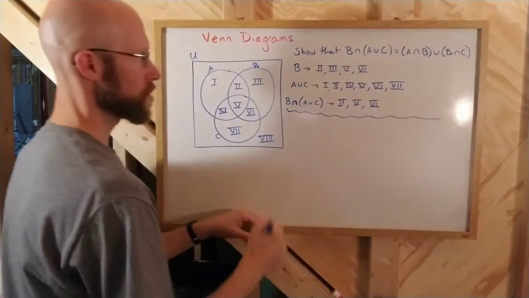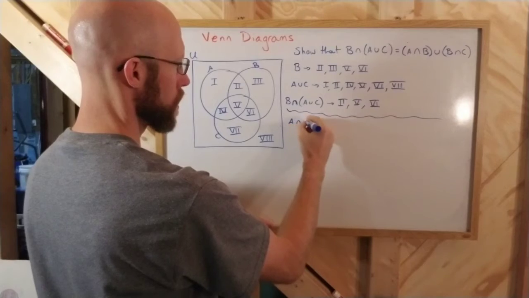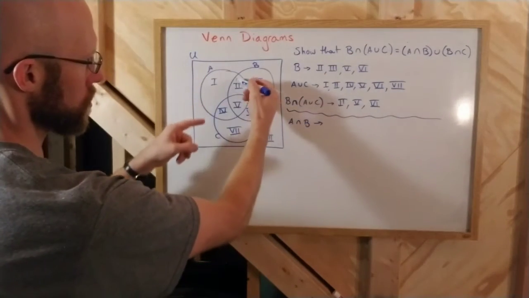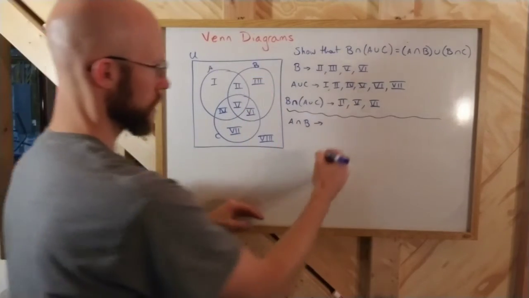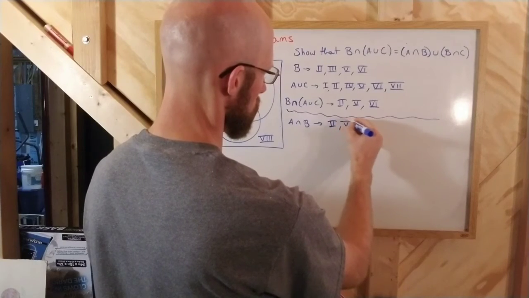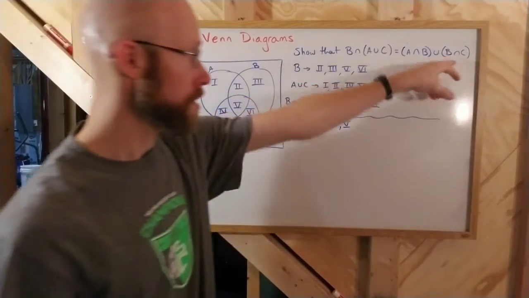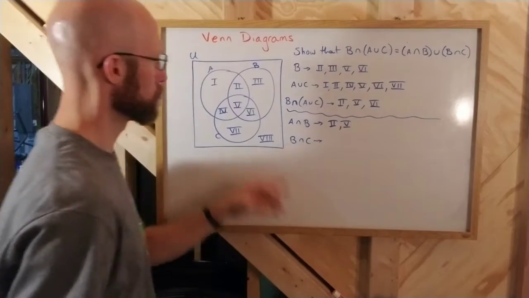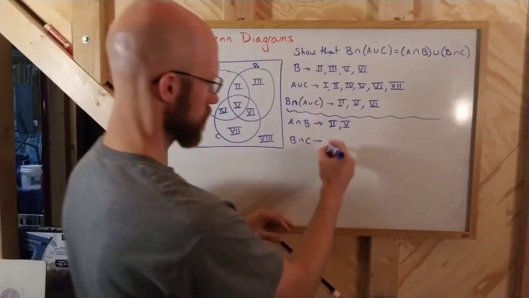All right, so let's look at A intersect B for a minute. So A intersect B, that's going to be this teardrop, 2 and 5 are in that region. And then let's look at B intersect C. B with C, that's going to be 5 and 6.